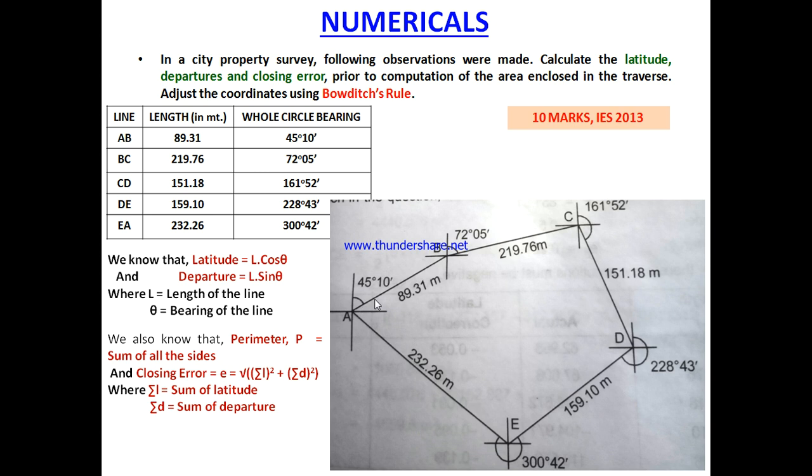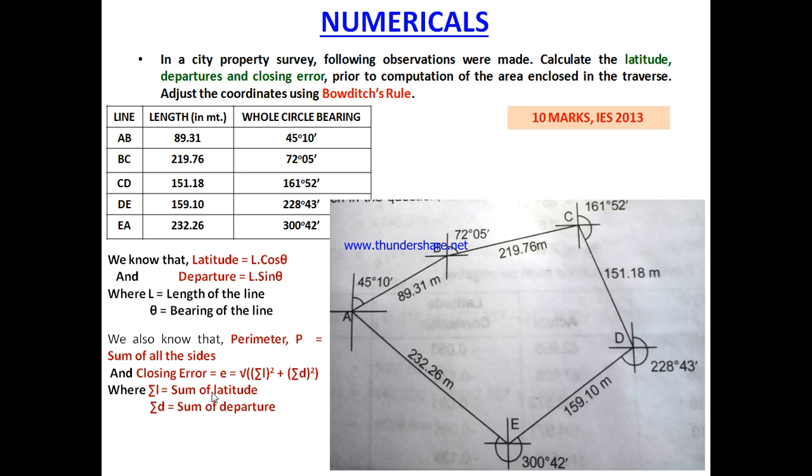So the length of AB is 89.31 meter plus 219.76 meter plus 151.18 plus 159.10 and 232.26. If we add the lengths of all these traverse lines, we will get the perimeter of all the sides.